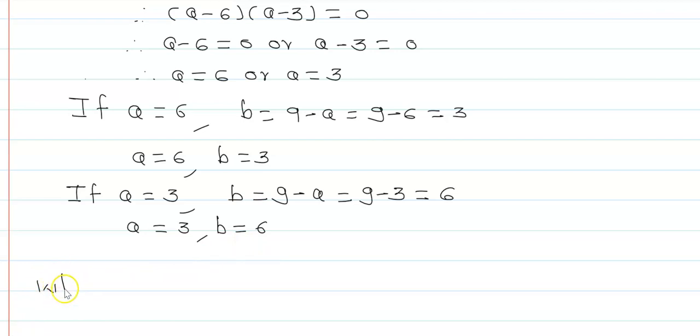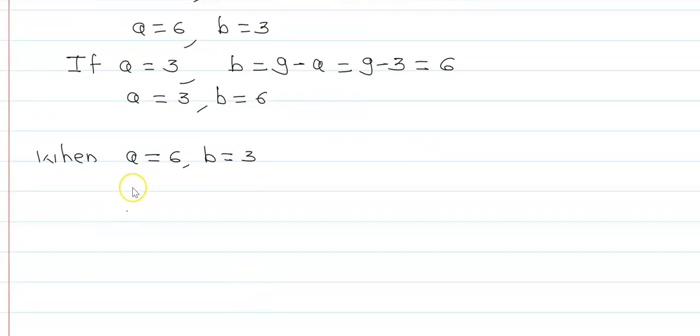Therefore, when a is equals to 6, b is equals to 3, then its equation is x upon 6 plus y upon 3 is equals to 1.